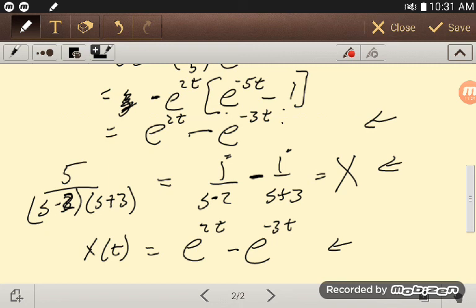And that's really the big idea of these convolutions in the context of differential equations. Okay, so that's the idea here, and we'll stop this video at this point then.